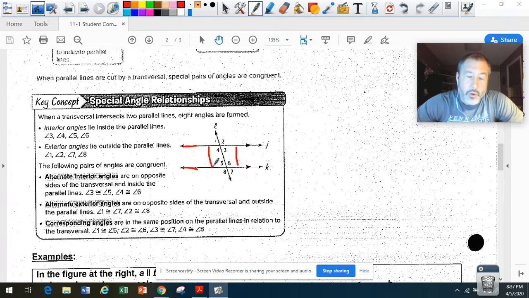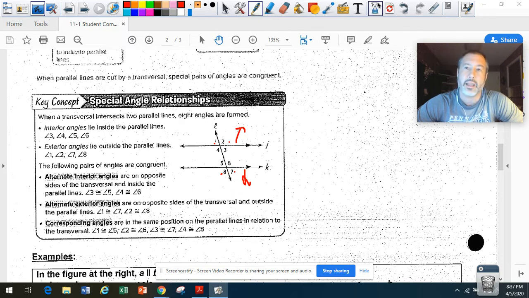As you see, angle 3, angle 4, angle 5, and angle 6 are known as our interior angles. Now, we also have what are known as our exterior angles. They're the ones that are outside, the ones up here and down here. They're not inside the parallel lines. So these are angles 1, 2, 7, and 8. Those are exterior angles.